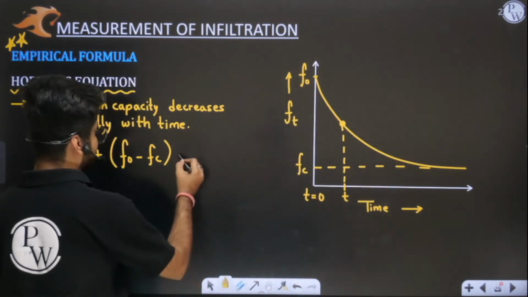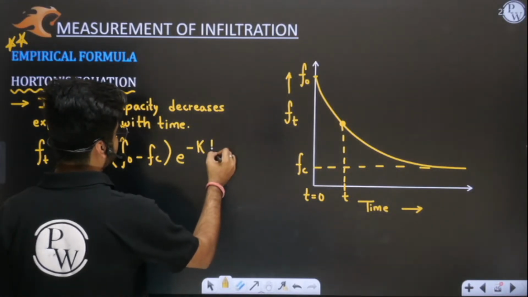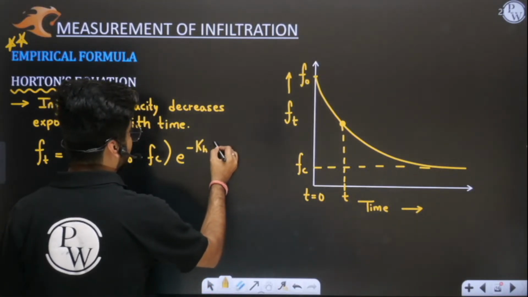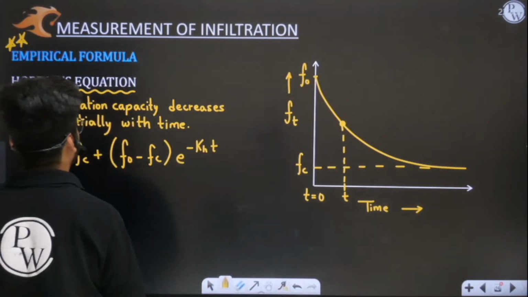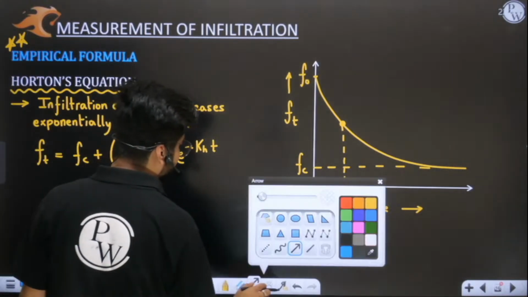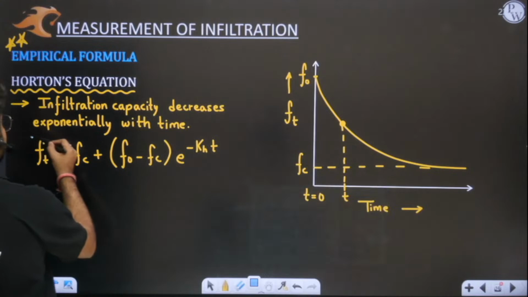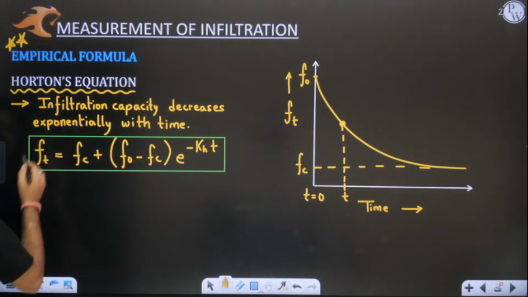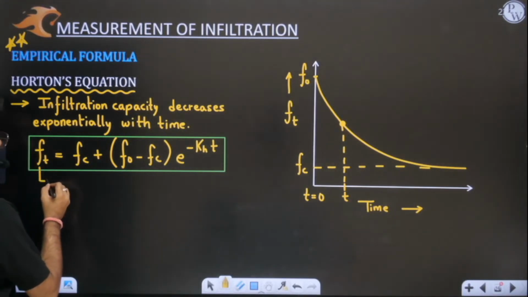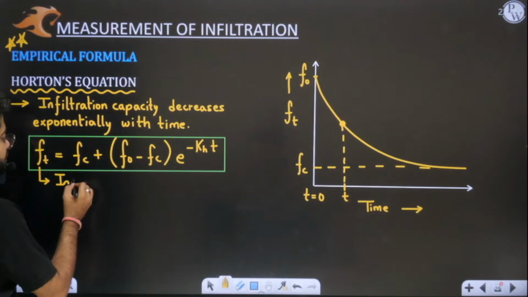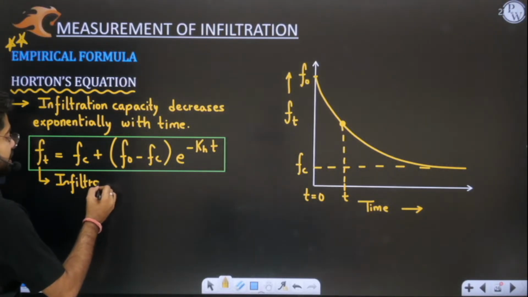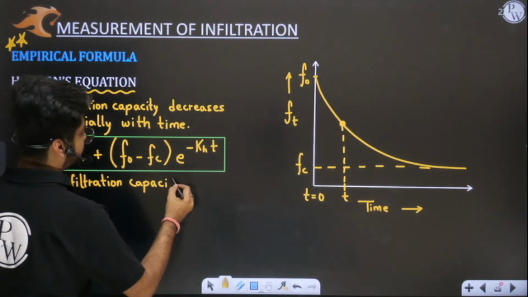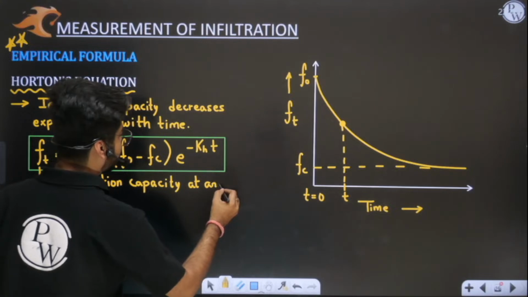So I will multiply it by an exponent, e power minus kt. What is k? K is Horton's constant. Obviously k is your Horton's constant. Very important equation. If you want to find infiltration capacity, if someone asks you what is ft, you will say that ft is infiltration capacity at any time t.